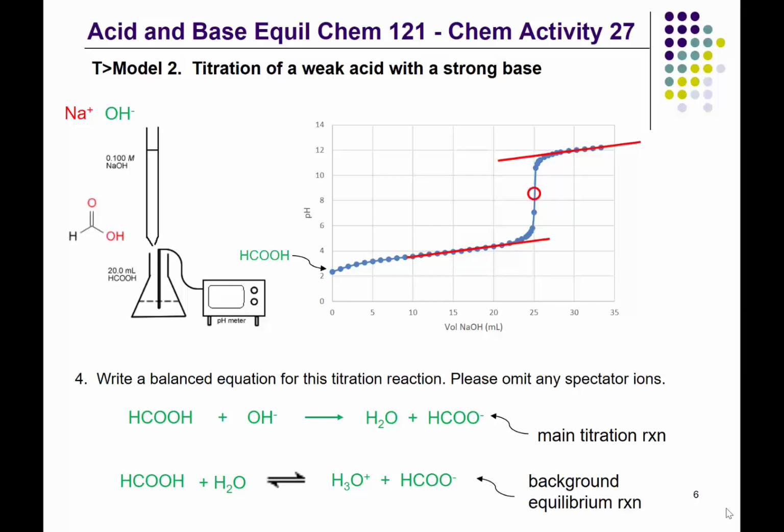This corresponds to a volume of 25 mL of titrant, that is our hydroxide ion, and a pH of approximately 8.2. Turning back to the balanced equation for the titration and looking at the product side, we see that the predominant species is the conjugate base of methanoic acid.